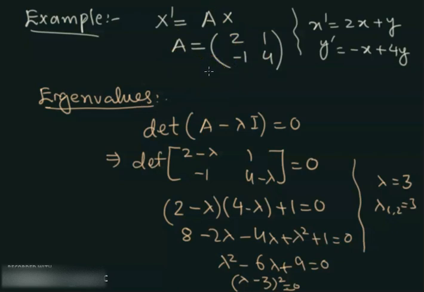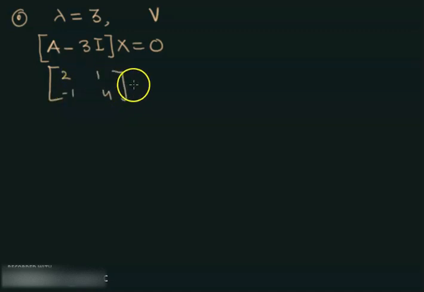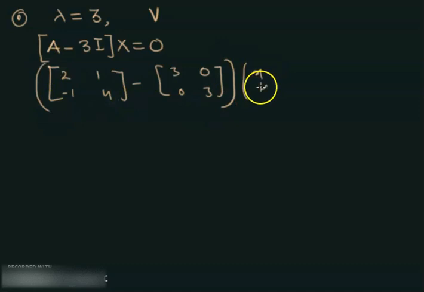Now we want to find the first eigenvector for this. For lambda equal to 3, we will find v first, and since v is the eigenvector, we will just solve this: A minus 3 times I operating onto [x y] equals the zero column vector. Our A was [2 1; -1 4], then we have [3 0; 0 3], all of this operating onto [x y] yielding [0 0].